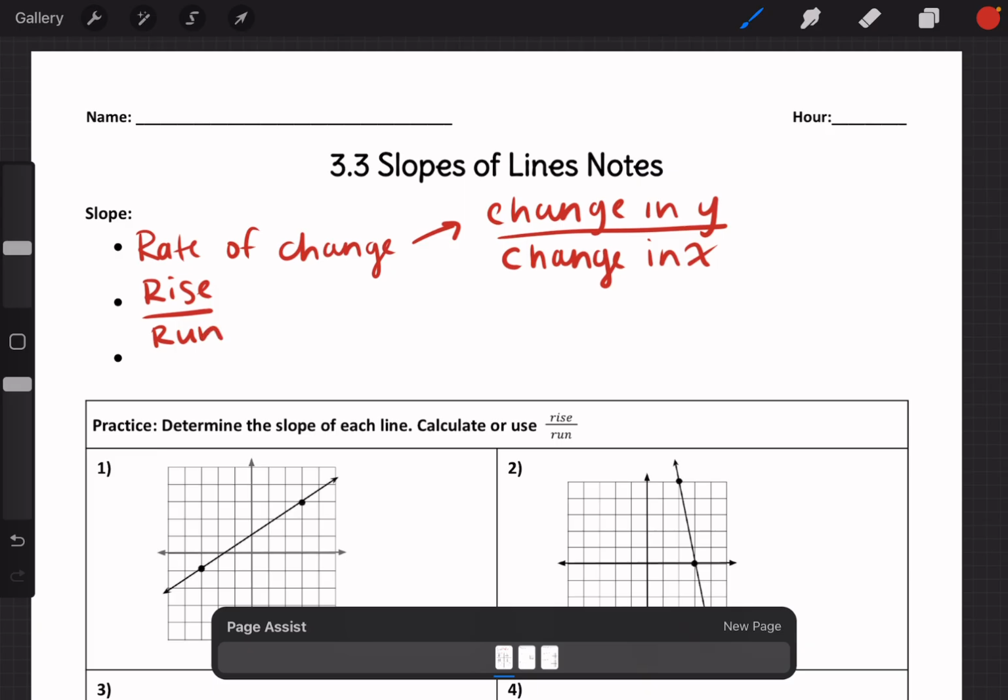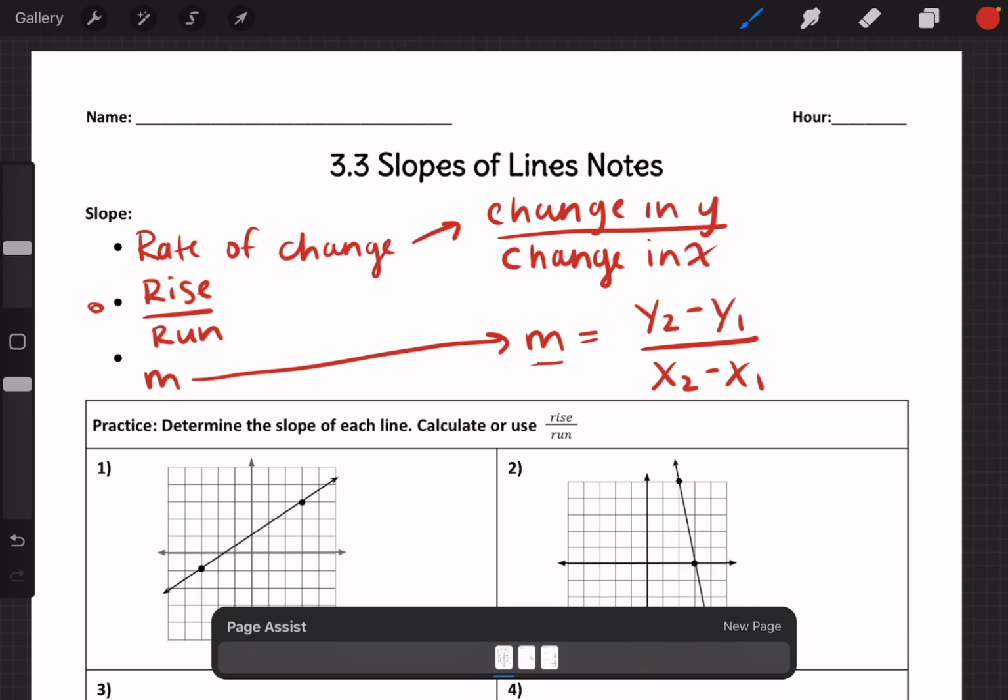And if we're talking about slope on the coordinate plane, which I'm going to put over here so I have some more space, that is y2 minus y1 over x2 minus x1. All things you've talked about before, most likely the rise over run and the m are the most familiar.